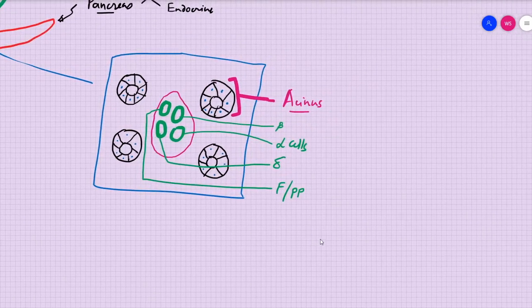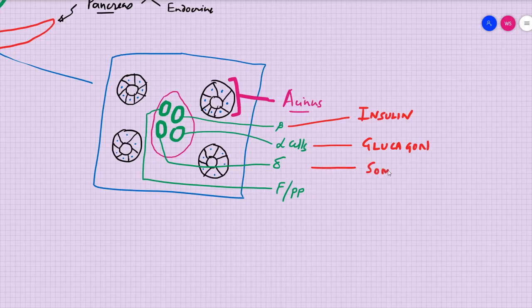So the beta cell, as we have mentioned earlier, secretes what we are interested in today, insulin. Okay? The alpha cells secrete glucagon. The delta cells secrete somatostatin. And the PP or the F cells secrete the pancreatic polypeptide.